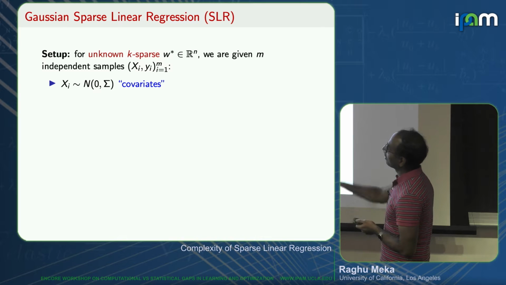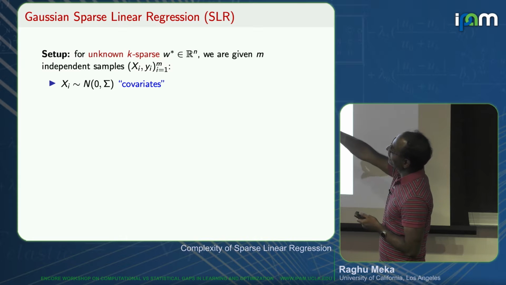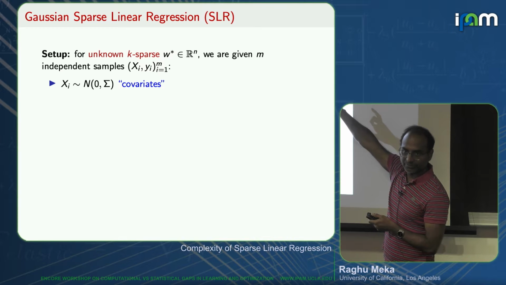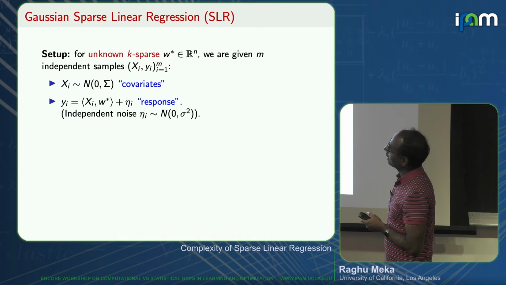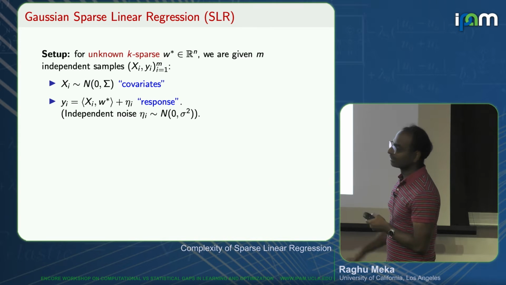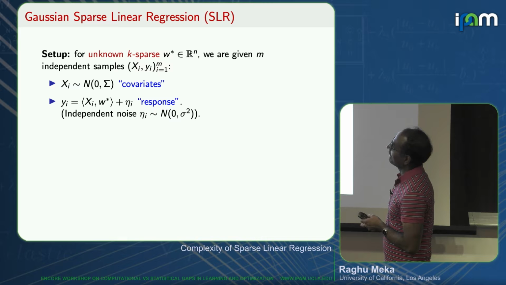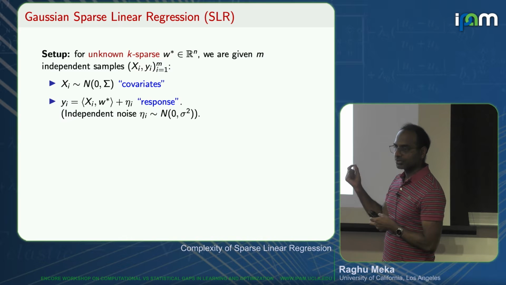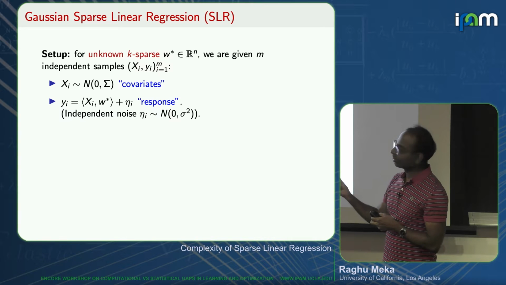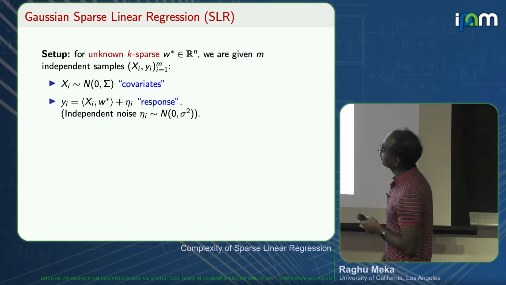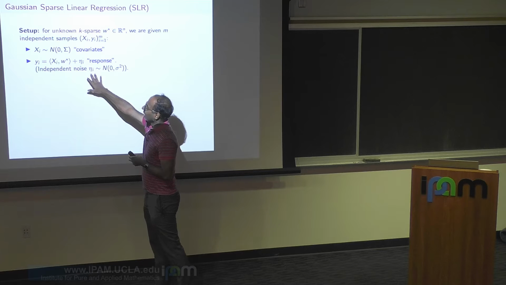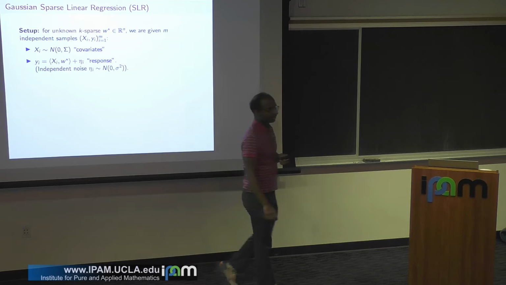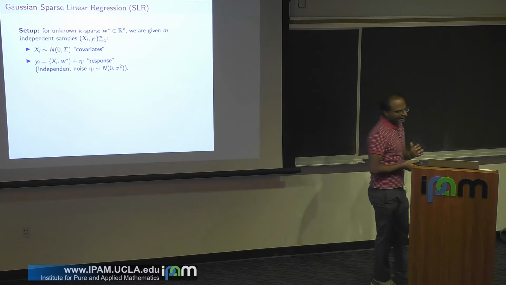N(0, Sigma), we'll call these xi's covariates. Each xi here is an n-dimensional vector, and i denotes the sample. And yi is the response, which is obtained by taking a sparse signal w star times the covariate xi. Typically, we also add some noise, where the noise is assumed to be independent and Gaussian for now.